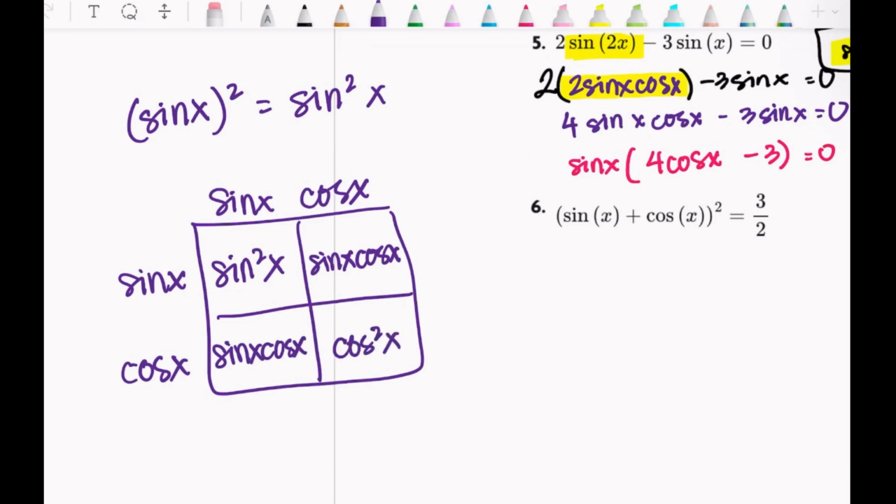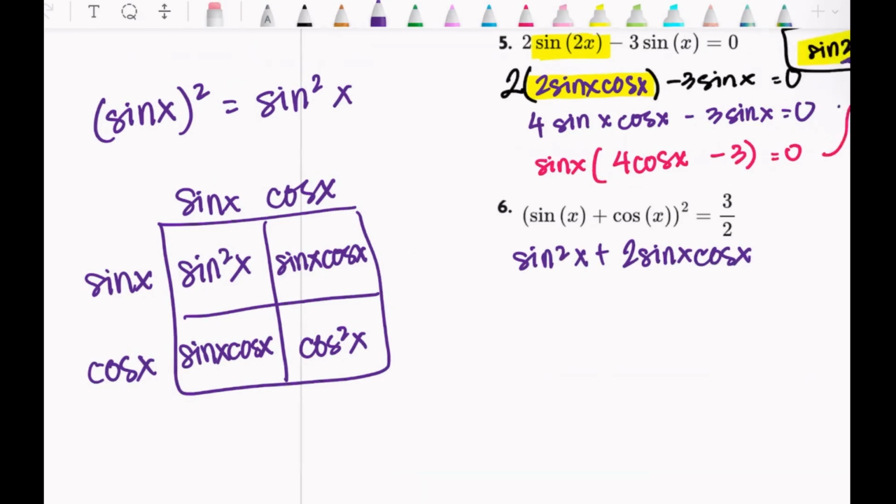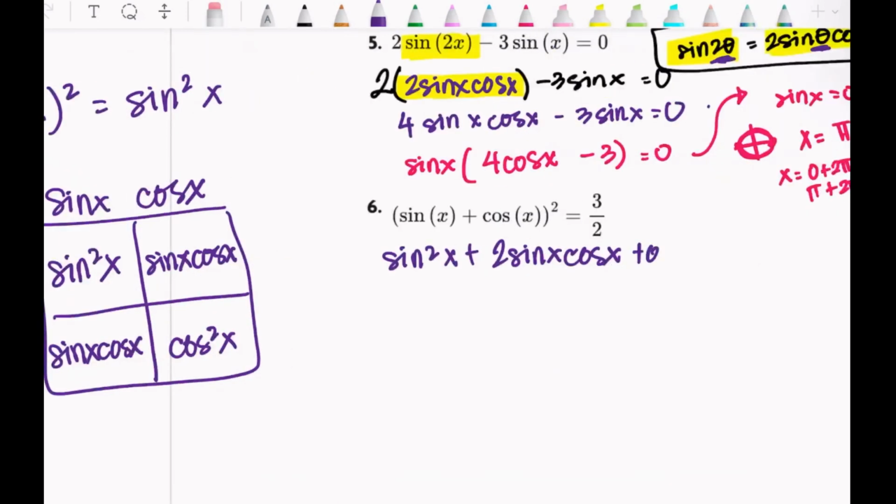Okay, so I have total here sine squared x plus 2 sine x cosine x plus cosine squared x. Oops, that's not what I wanted to write. Equals 3/2. Now, some of you are noticing a couple of different identities.